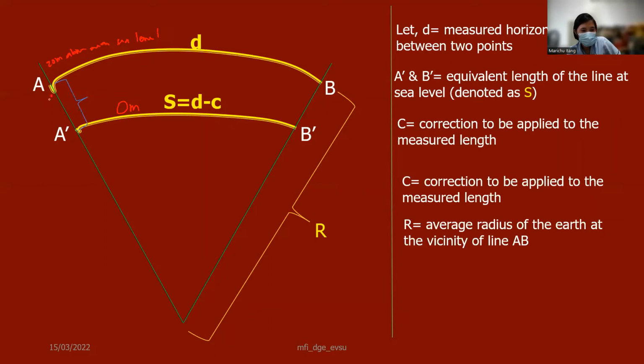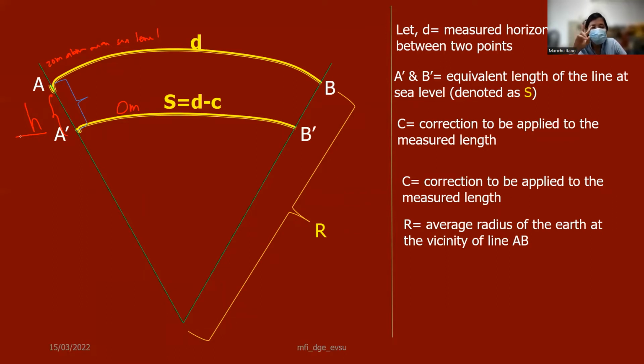Therefore, this A prime to A is our H, o yung ating orthometric height of point A. So if this is H, this is also H at point B. So we take note that H is our average elevation above sea level of the 2 points.